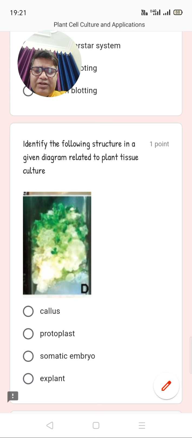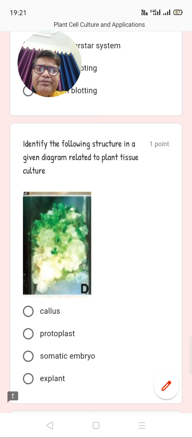Protoplast is a cell without a cell wall, and such a structure is not observed in the above diagram. Somatic embryo is the third choice, and explant is a small section of the apical meristem, but such a structure is not seen in this diagram. So the correct answer is somatic embryo.